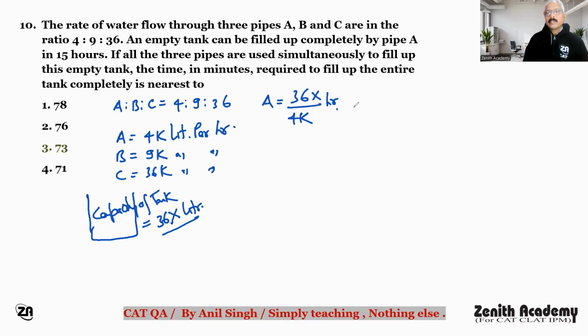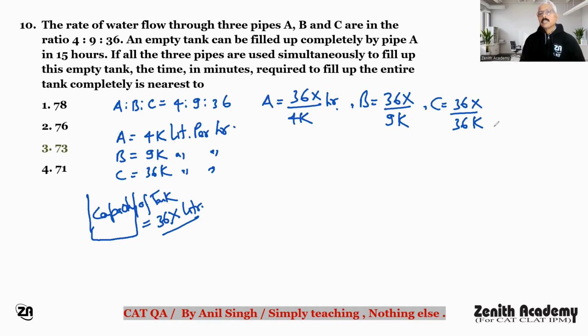And through pipe B, it will be 36x by 9K. And C is 36x by 36. And it is given that an empty tank can be filled by pipe A in 15 hours.